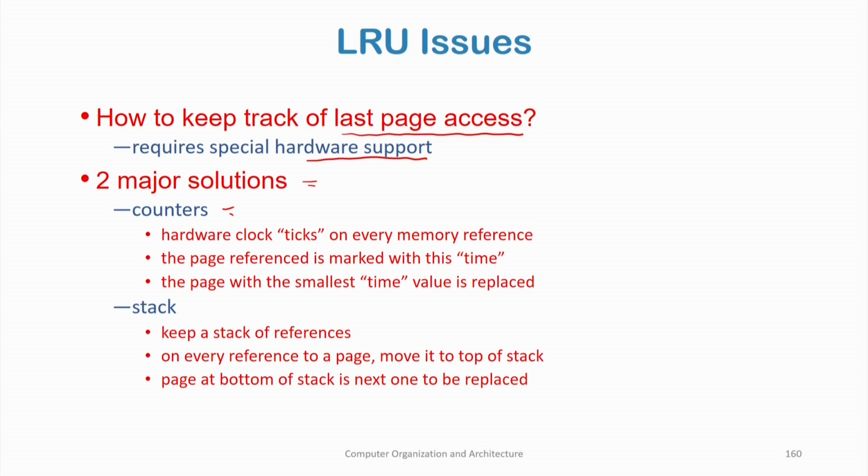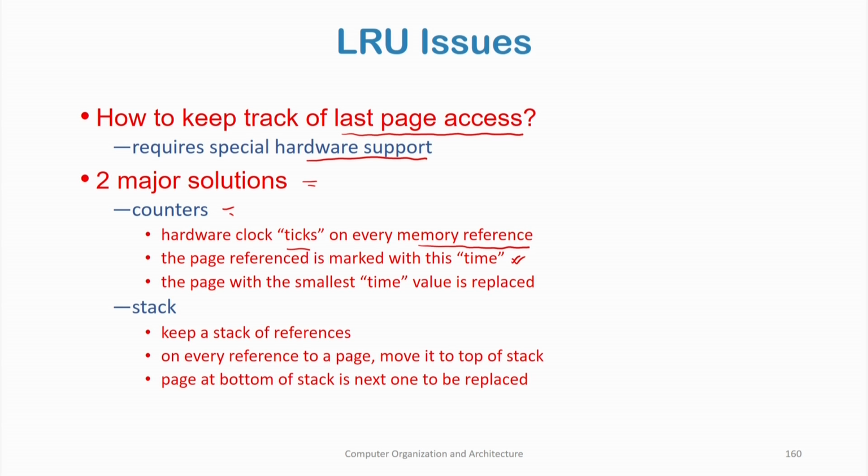It uses hardware clock ticks on every memory reference. On every memory reference I have a hardware clock tick. So, reference 1 is tick 1, reference 2 is tick 2, and so out of these 12 references, up to tick 12. The 12th reference is at tick number 12. The page referenced is marked with the time.